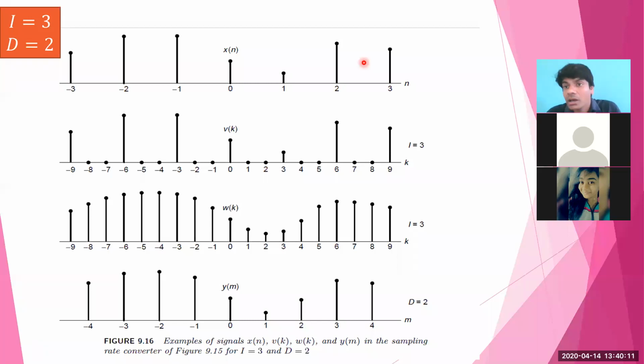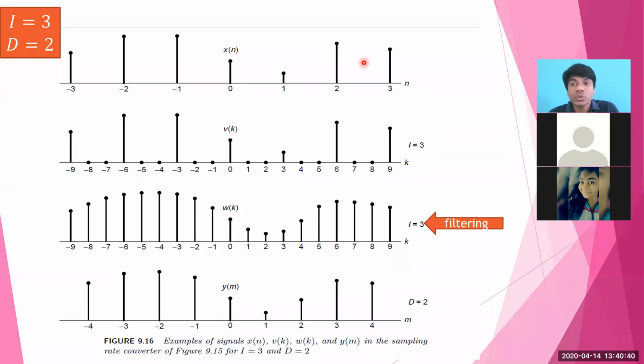Now here, one example I would like to tell you. I'm taking the interpolation factor as 3 and the decimation factor as 2. Here you can see the original sequence, and here the upsampled one. As you can see, zeros have been stuffed. Since I is 3, 3 minus 1, that is 2 zeros have been stuffed between successive samples.